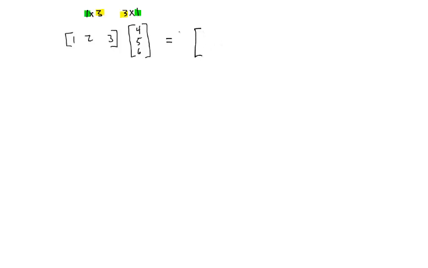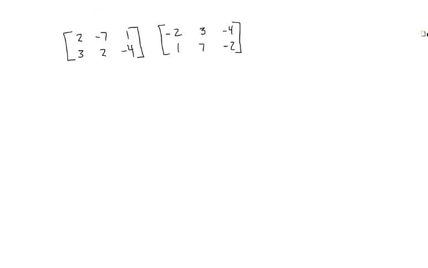So now to do the multiplication, we're going to go across our row and down our column. So we have 1 times 4 plus 2 times 5 plus 3 times 6. And when we do the math on this, we get 4 plus 10 is 14, plus 18 is 32. So we have a 1x1 solution matrix, and the answer is 32.